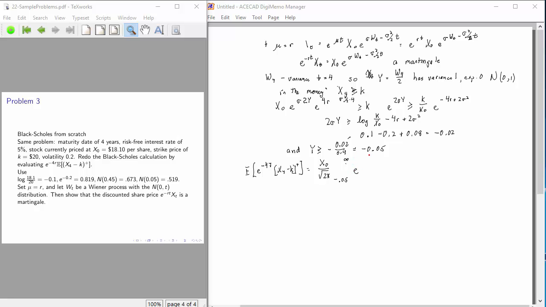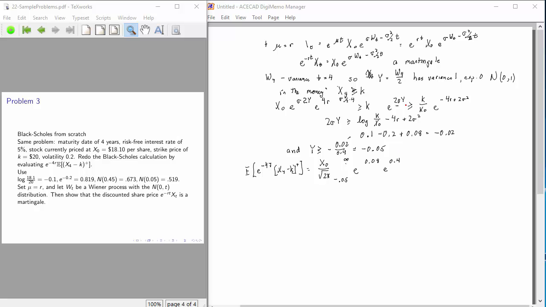Well, I've got an e to the minus 0.08. That's from my 4 times sigma squared over 2 times e to the 0.4.